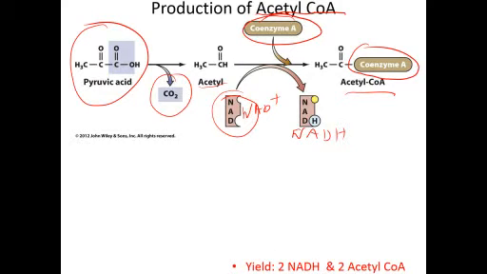Alright, so in this process, you actually yield 2 NADH molecules and 2 acetyl-CoA molecules, because at the end of glycolysis you produce 2 molecules of pyruvate. Those 2 pyruvate molecules are converted to acetyl-CoA, so you get 2 acetyl-CoA molecules.